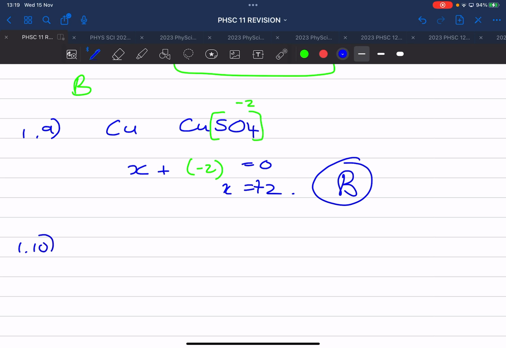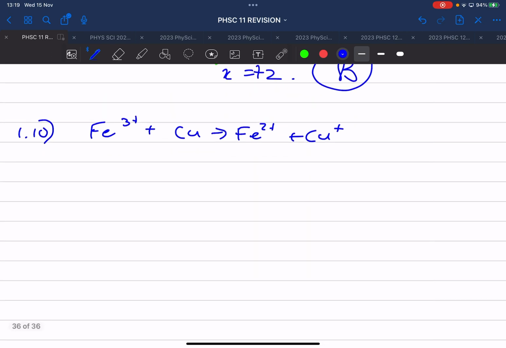And then 1.10, okay, they give you there a redox reaction. Okay, kom ons check gou. Wat het gebeur met yster van daar tot daar? Iron, did it lose or gain? Gain. So this is the reduction half reaction. Reduksie.